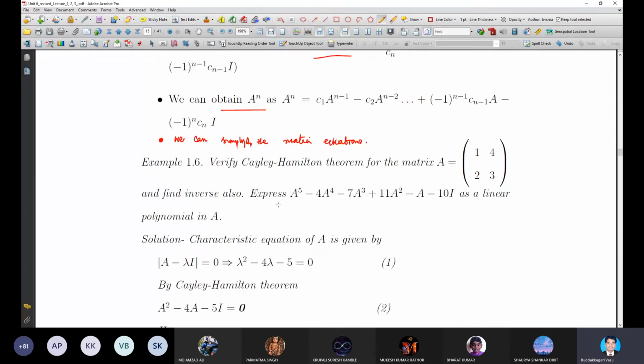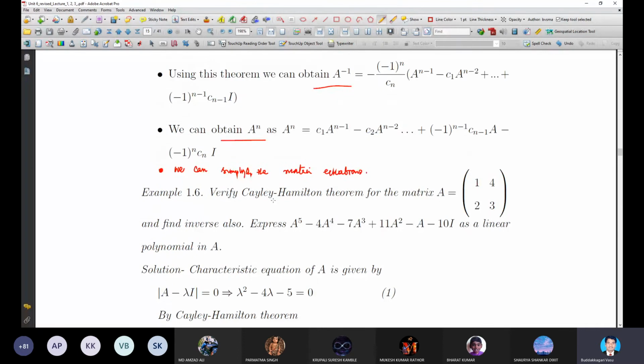Now the questions we can expect from the Cayley-Hamilton theorem: verify the Cayley-Hamilton theorem, that is one type; find the inverse using the Cayley-Hamilton theorem; find the required power of the matrix using the Cayley-Hamilton theorem; and we can simplify a matrix equation.